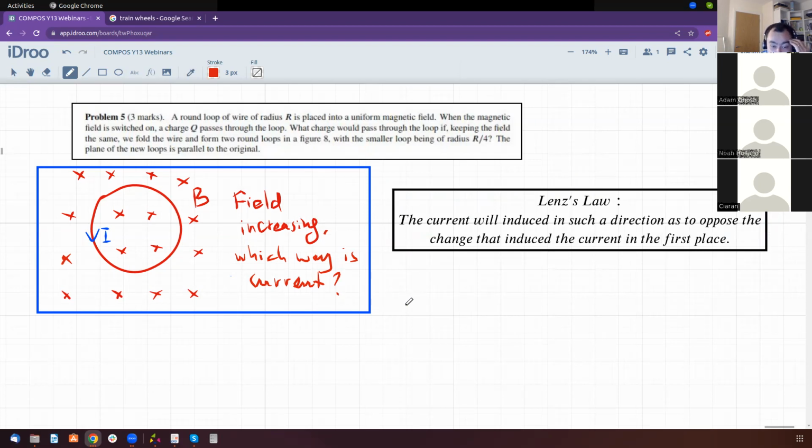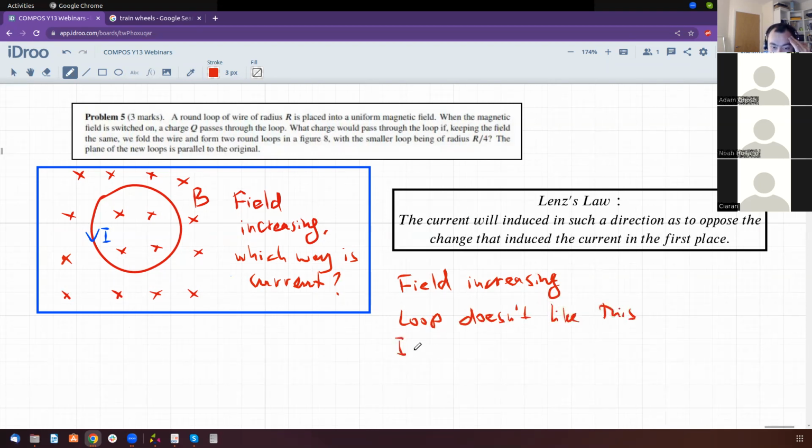Field through the loop is increasing. The loop doesn't like this.